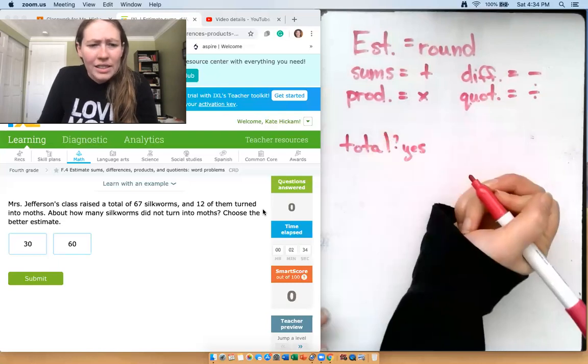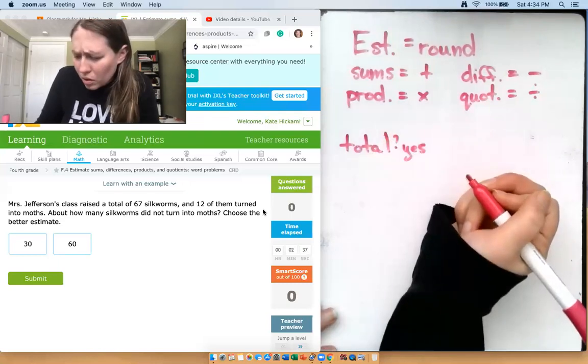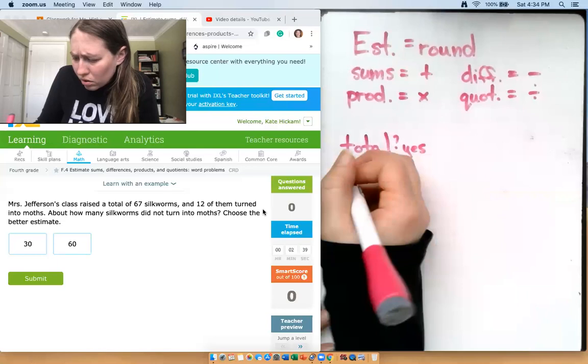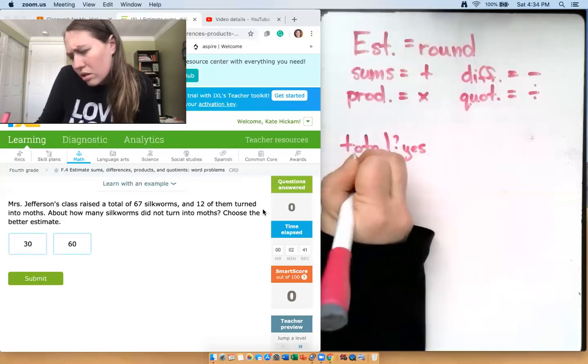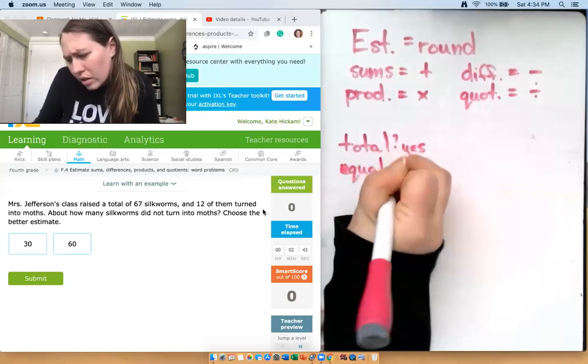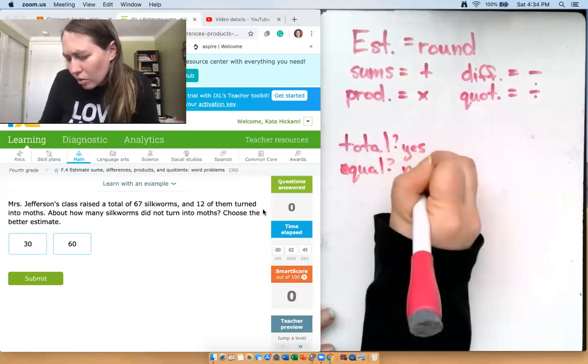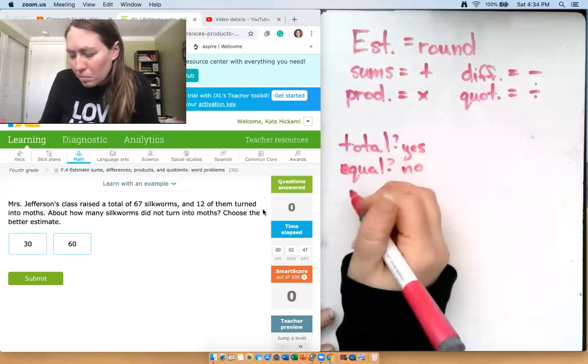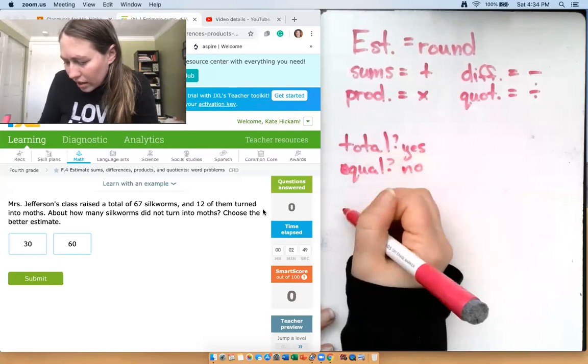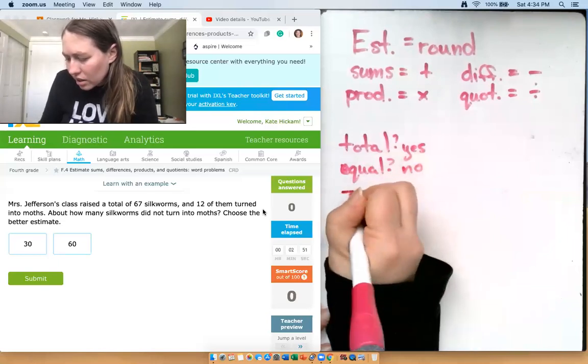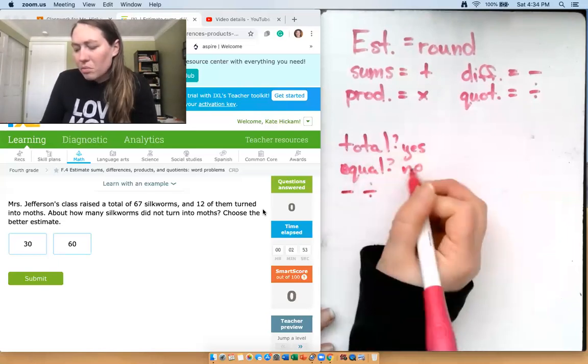And it doesn't look like it's equal amounts. So, not equal. Well, if I have the total, that means I'm not adding or multiplying. It means I have to subtract or divide, and it's not equal. So I'm going to be subtracting.